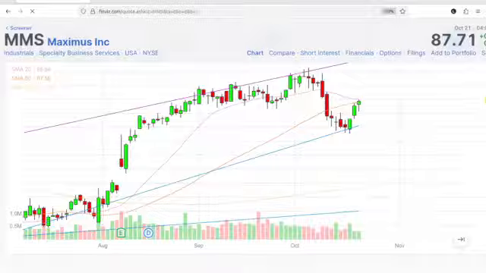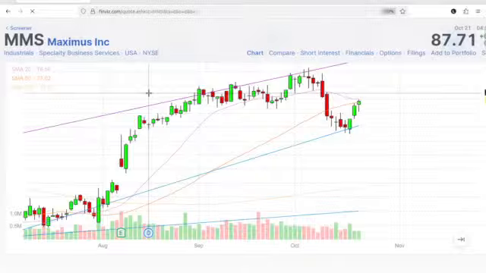Let's see if we can look at another pattern and another stock. We looked at SVV. We looked at MMS. And now we're going to look at one more.